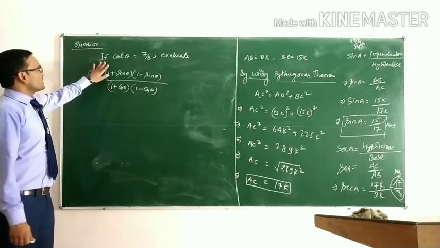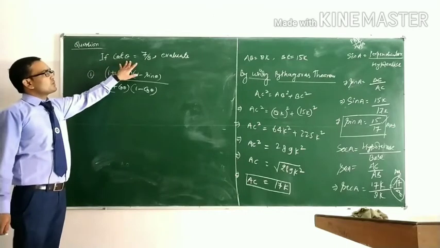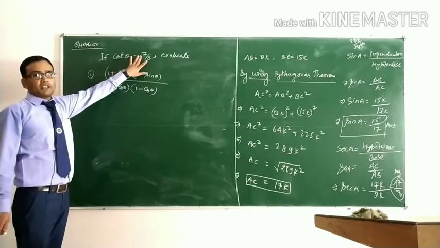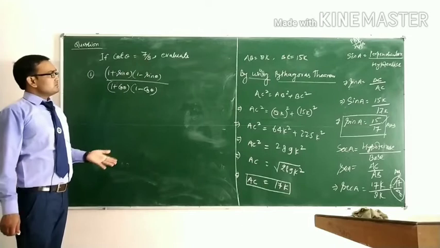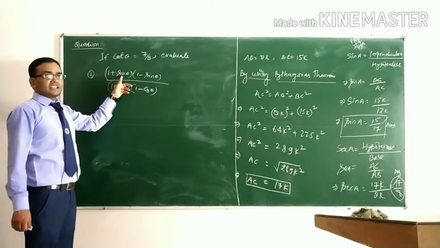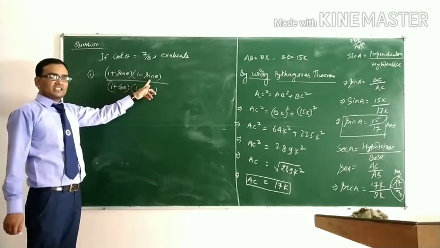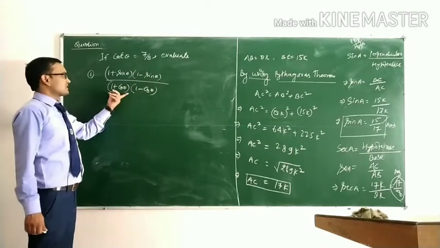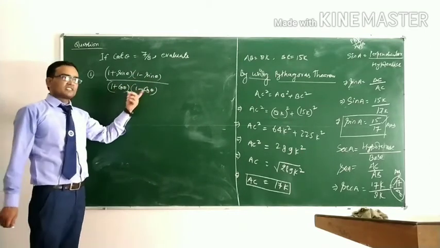Here in this question, given that cot theta is equal to 7/8, we find the value of (1 plus sin theta)(1 minus sin theta) upon (1 plus cos theta)(1 minus cos theta).